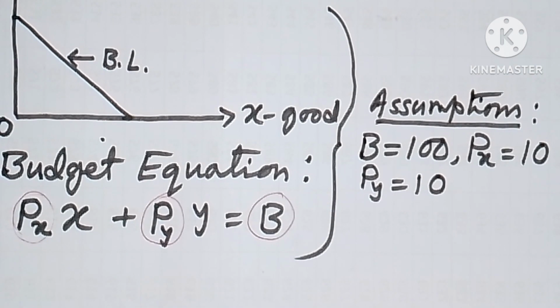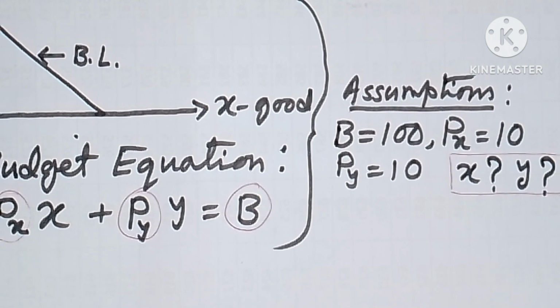If we assume the total budget of the consumer is 100 rupees, and the price of X is 10 rupees and the price of Y is also 10 rupees, then there are 5 extreme situations which can be faced by the consumer. That is, the consumer can purchase 5 extreme combinations of X and Y good.